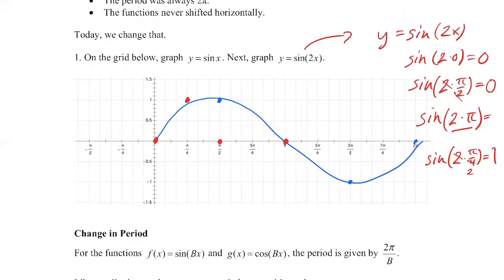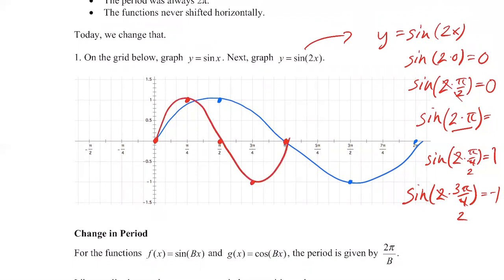I bet we're going to get something similar with 3 pi over 4. So sine of 2 times 3 pi over 4. If I plug in that 3 pi over 4, if I get that cancellation, this looks like 3 pi over 2. So that is negative 1. So 3 pi over 4, negative 1. Connect the dots. And there we go.